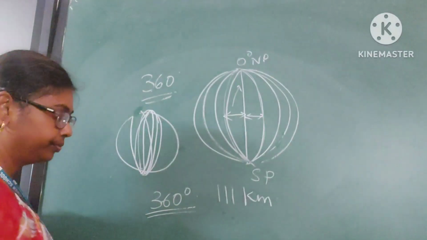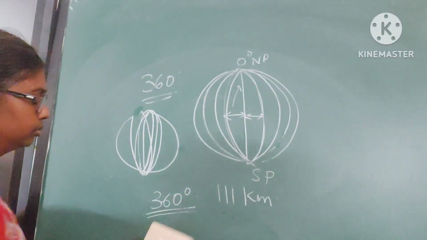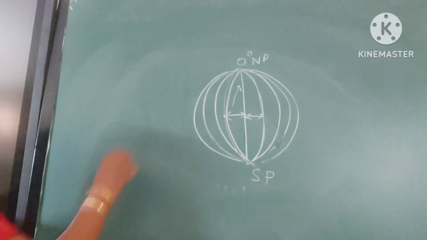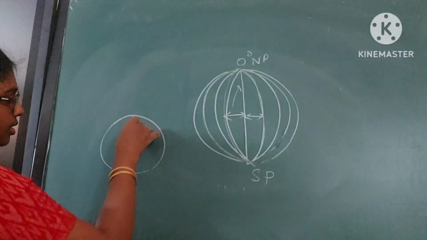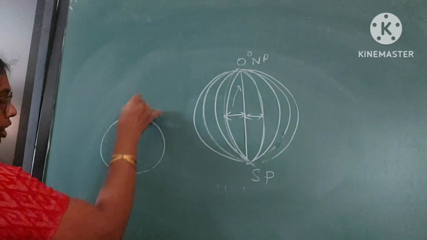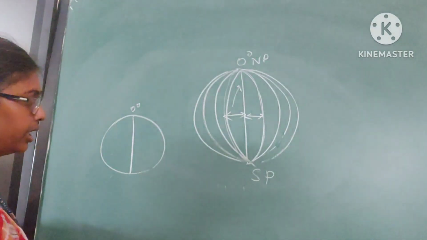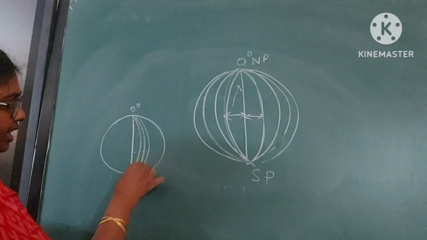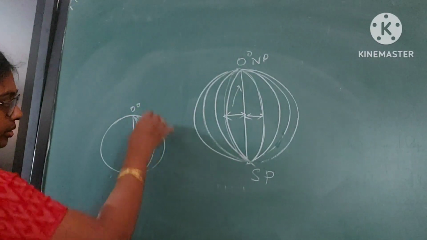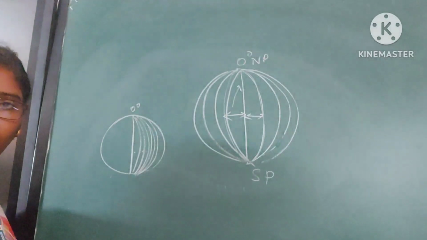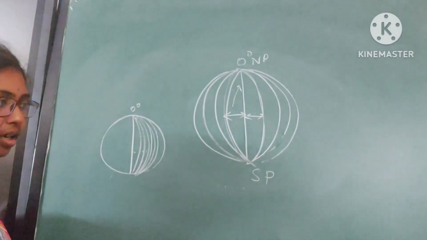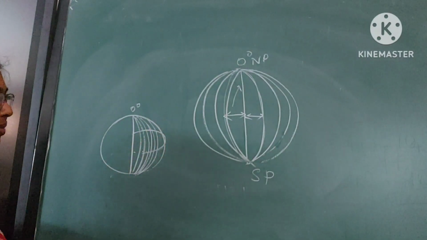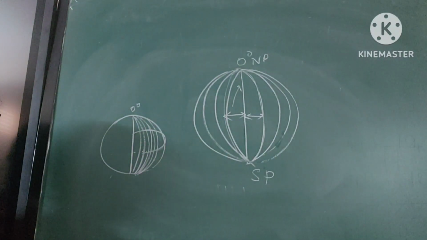Now imagine, this is the 0 degree longitude. We will be drawing as many as 179. This way we will be having 180, and this way we will be having 180.